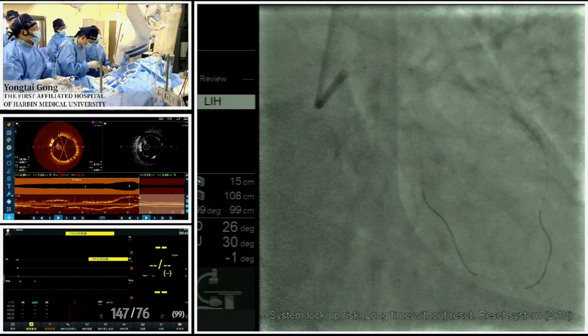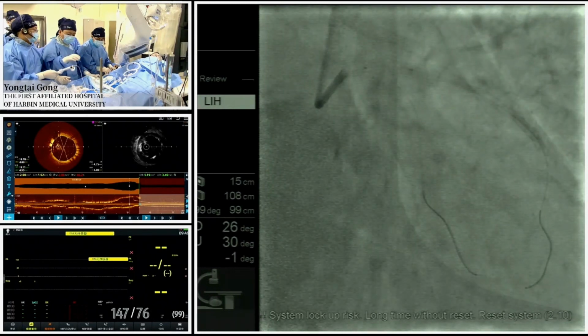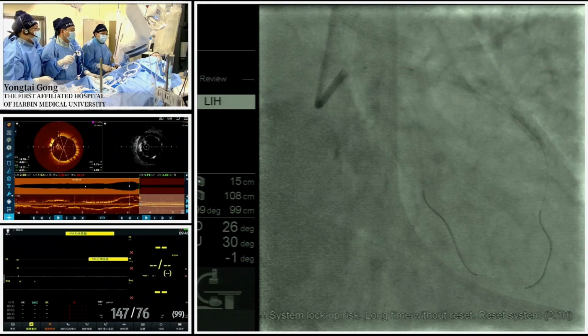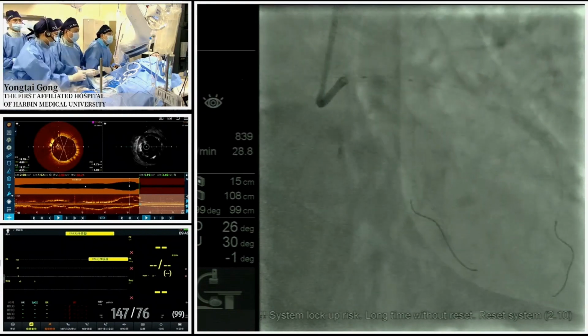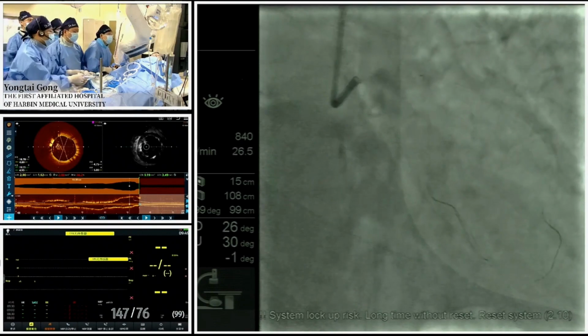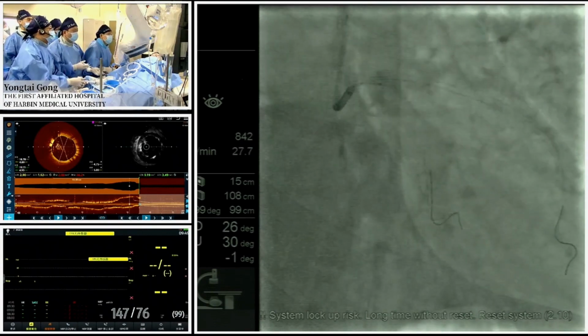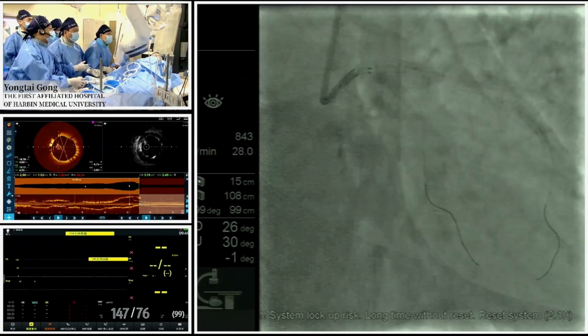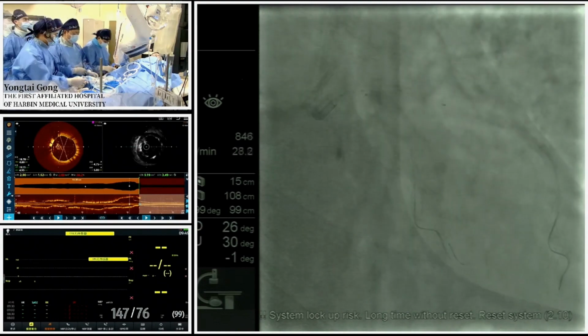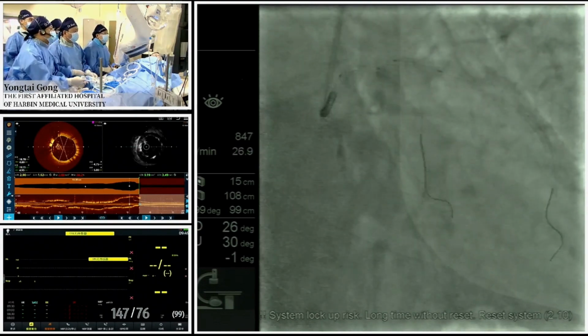When we do the KBI, we cannot give the pressure too high, right? Yes, even a lower pressure, about 8 to 12 ATM, just to make sure the stents can be well expanded and it doesn't cause any other complications. Yeah, that'd be good enough. For this patient, we can use a modified kissing balloon technique.